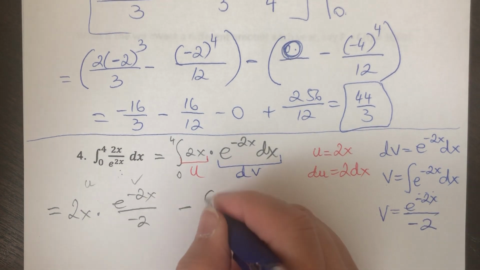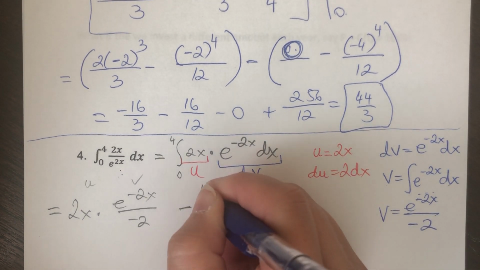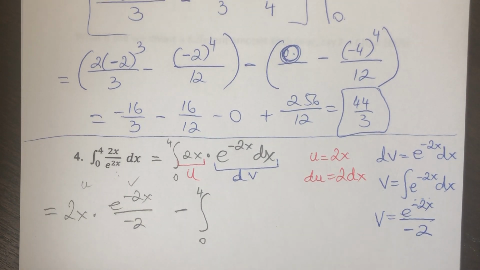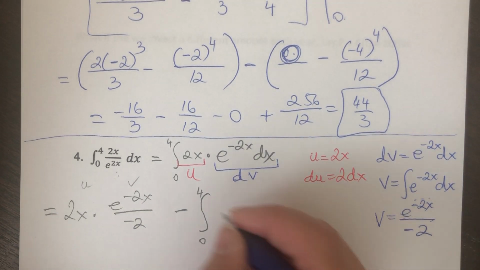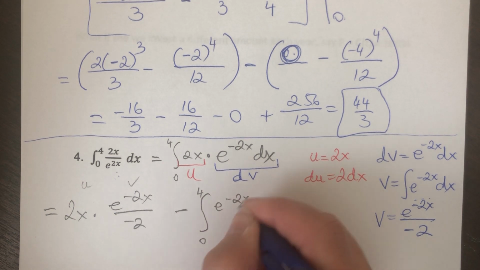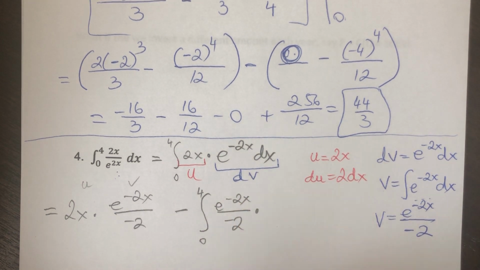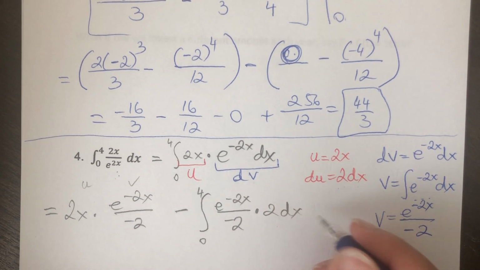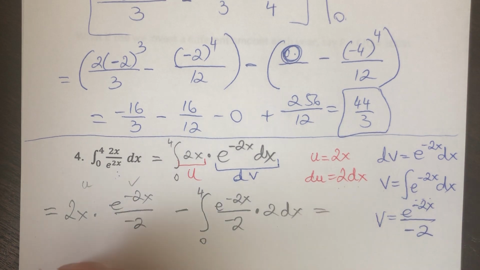Minus integral back of what to what? V, which is e to the negative 2x over negative 2 times du. And what's du? It's 2 dx. Okay, I can live with that.